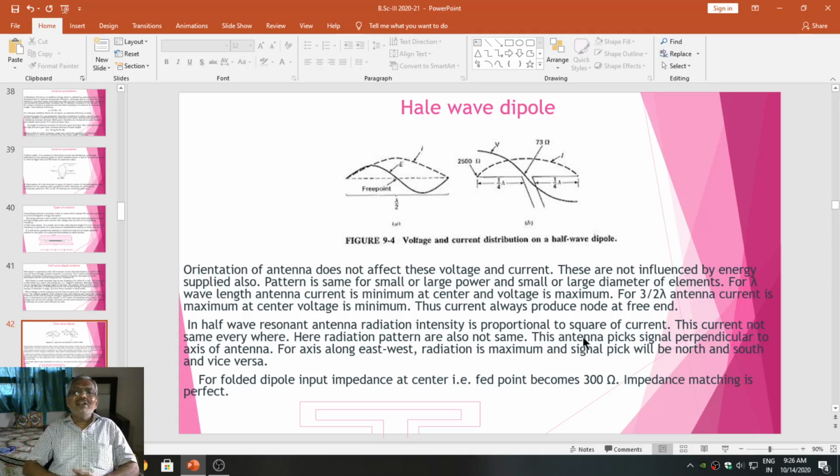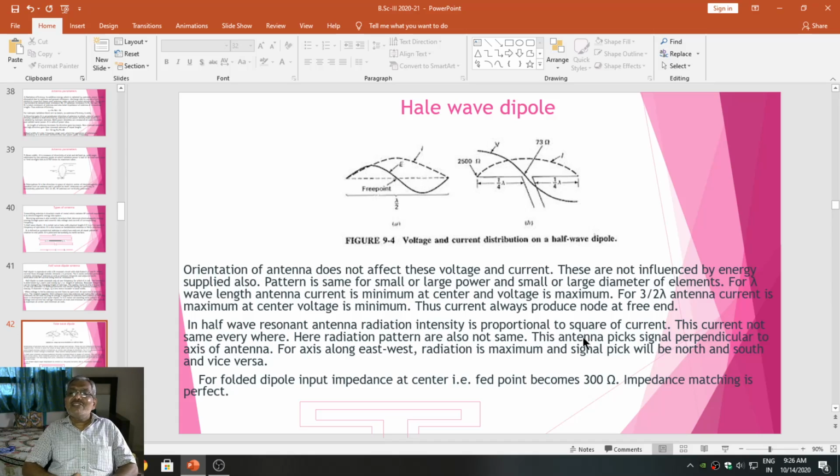In a half-wave resonant antenna, radiation intensity is proportional to the square of the current. Try to remember this particular point. Radiation intensity is proportional to the square of the current. This current is not the same everywhere. Here radiation patterns are also not the same.